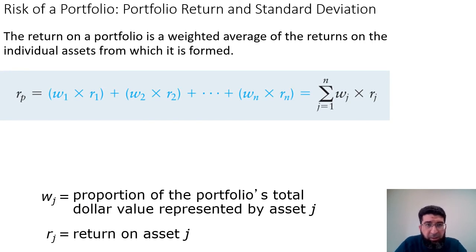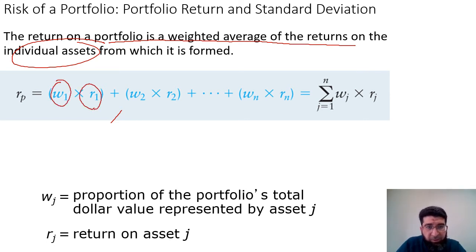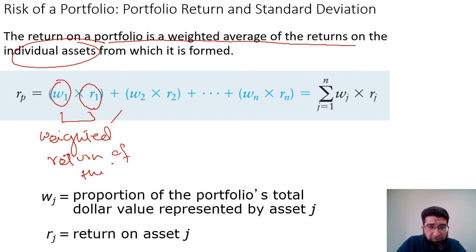How do we calculate the return of a portfolio? The return on a portfolio is a weighted average of the returns on the individual assets. So now we are looking at the entire portfolio of assets. This is the weight of the first asset multiplied by the return of the first asset, so it gives us the weighted return of the first asset.